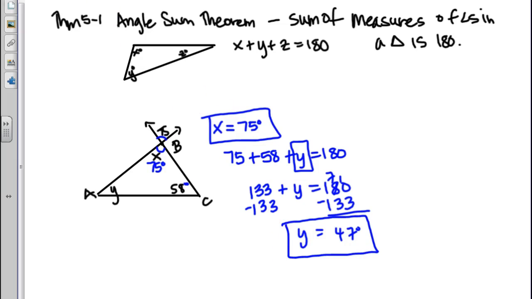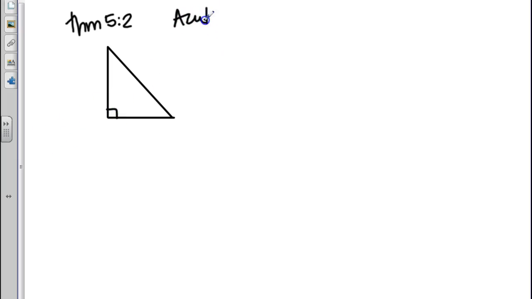All right, Theorem 5.2. Theorem 5.2 says the acute angles, the angles that are less than 90 degrees, in a right triangle are complementary. Complementary means they add to be 90 degrees.